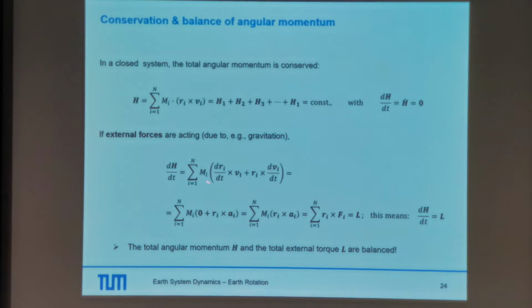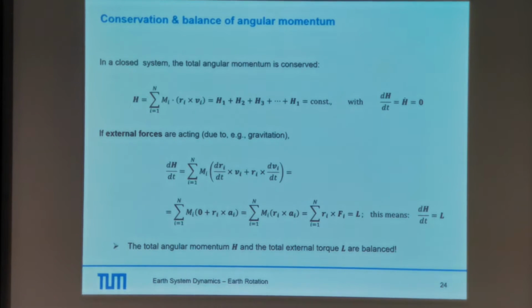We are now in a rigid system of point masses, which means that dr/dt is 0, since we have no variation of the position vector. So the first cross product is 0, and we only have to deal with the second cross product, and the temporal derivation of the velocity is equal to the acceleration. That's really easy.